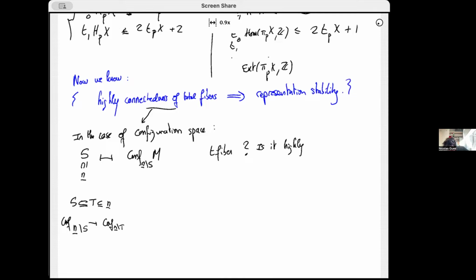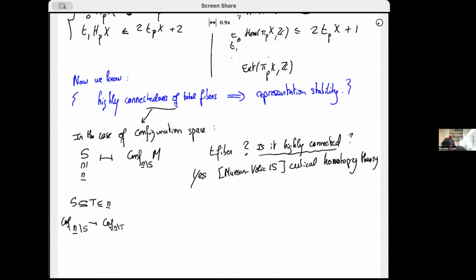And actually, this can be proved. This is already known. You can see, for example, a book by Munson and Volić, which is called Cubical Homotopy Theory, where they prove, so I'll state the theorem before going further.